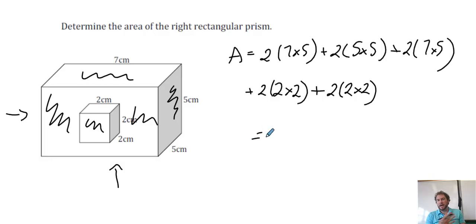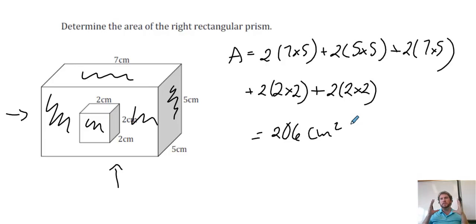Now if I add all these together, this should give me my total surface area. So 2 times 7 times 5 plus 2 times 5 times 5 plus 2 times 7 times 5 plus 2 times 2 times 2 plus 2 times 2 times 2 is 206 centimeters squared.